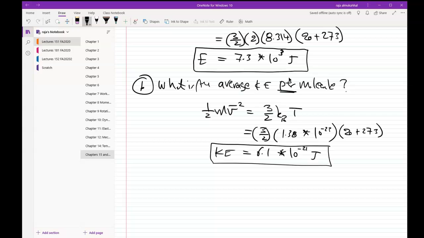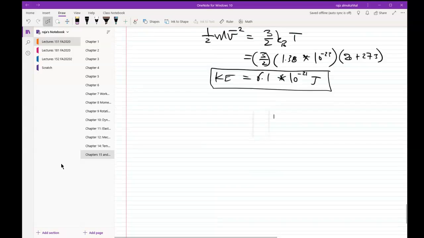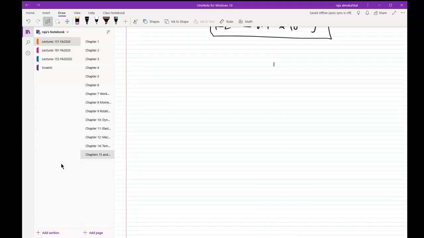Next. Okay, now we move to the next topic, and that is the first law of thermodynamics.